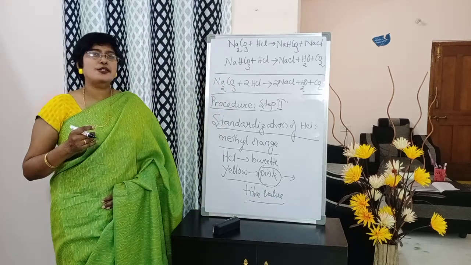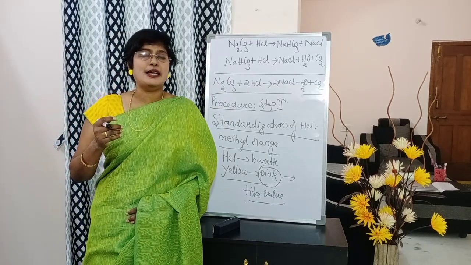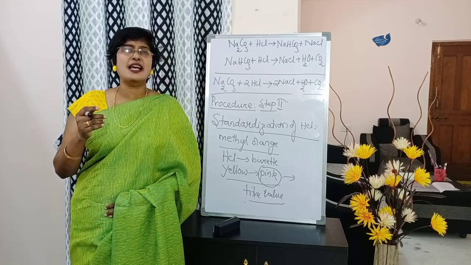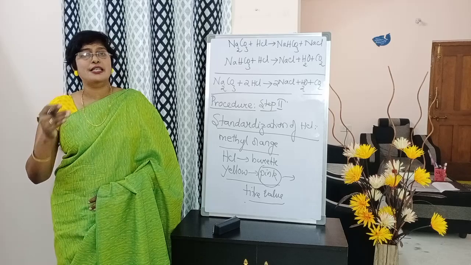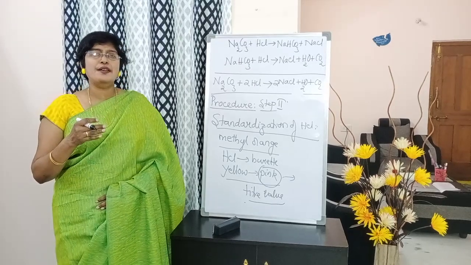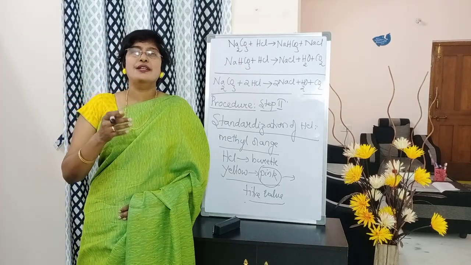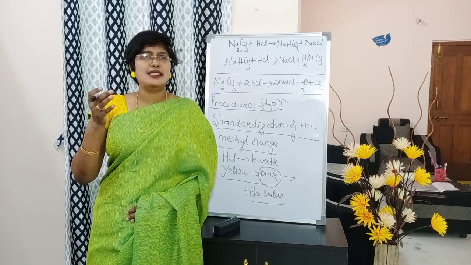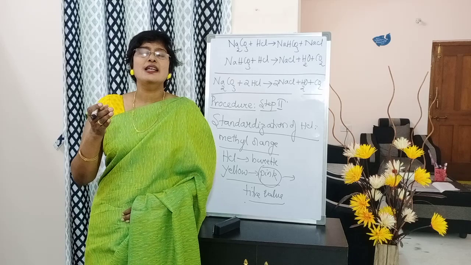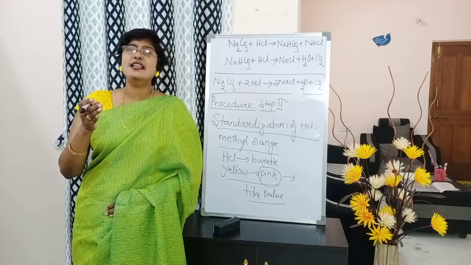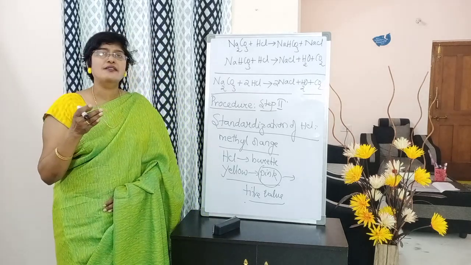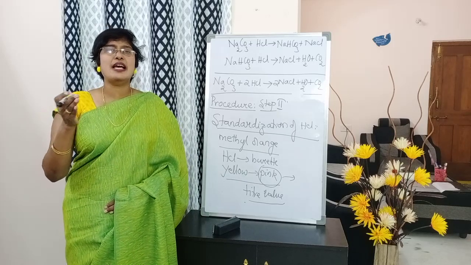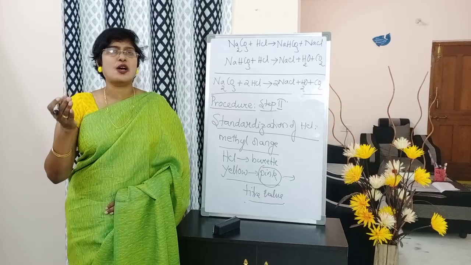That means the amount of HCl required to neutralize Na2CO3. Fine, students. So you will note down the titer value and repeat the titration. Why repeat the titration? To get the same values, without any errors. Suppose if you get the same value for 2 titrations, then we will stop titrating.